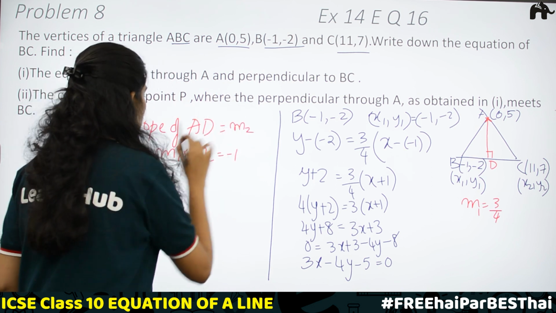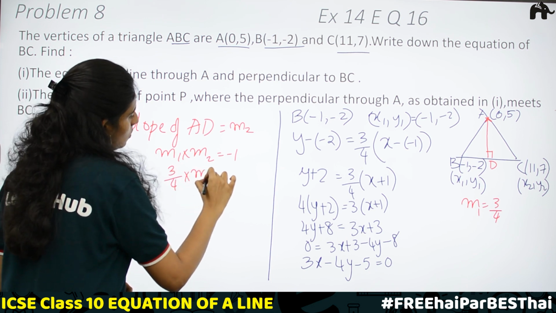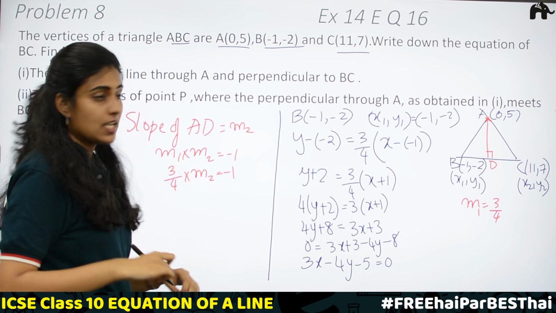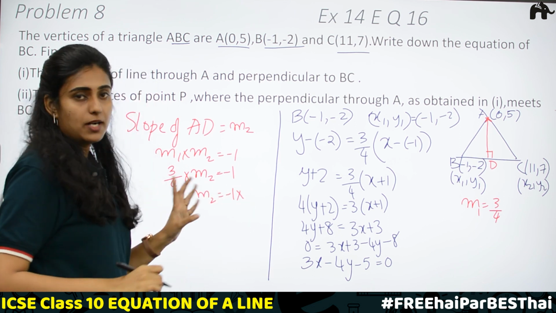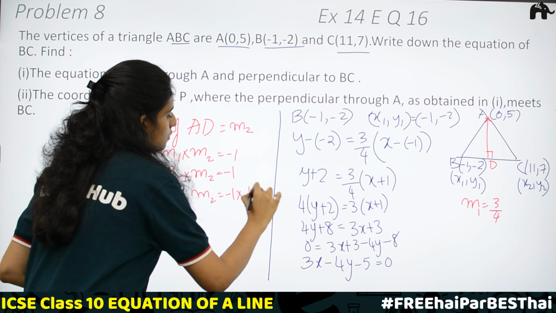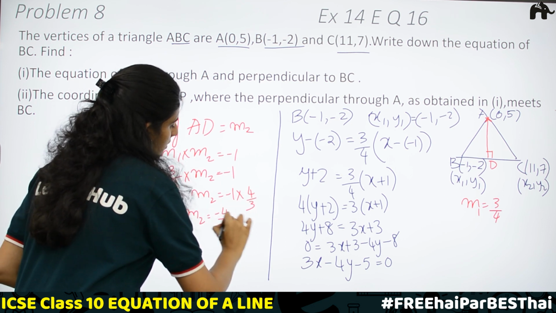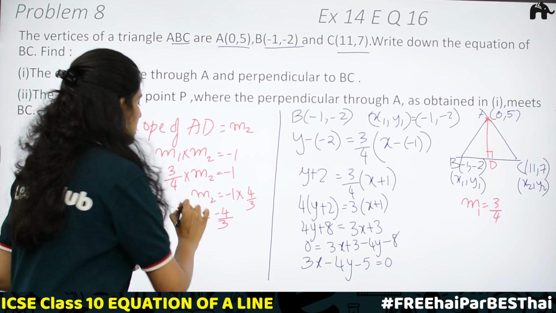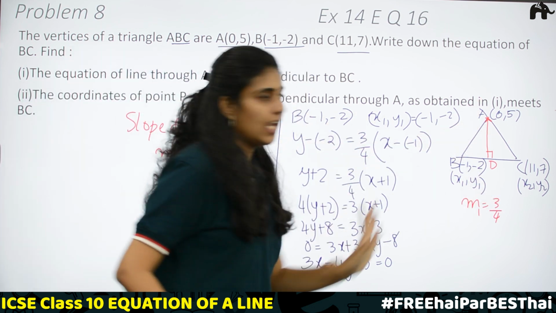Then how to find m2? m1, 3 by 4, into m2 is equal to minus 1. And m2 will be equal to minus 1 into reciprocal, 3 by 4 becomes 4 by 3. m2 is equal to minus 4 divided by 3. So, this is the slope of line AD.